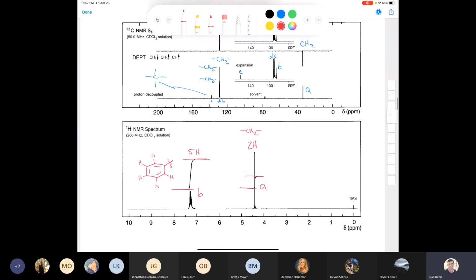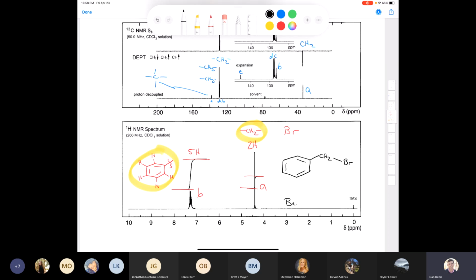That literally leaves me with only one way to put everything together. If I have this piece, and a bromine, the only way that I can put those together that makes any sense would be to have my aromatic ring, like this, my CH2 group, my methylene, and my bromine, like this.